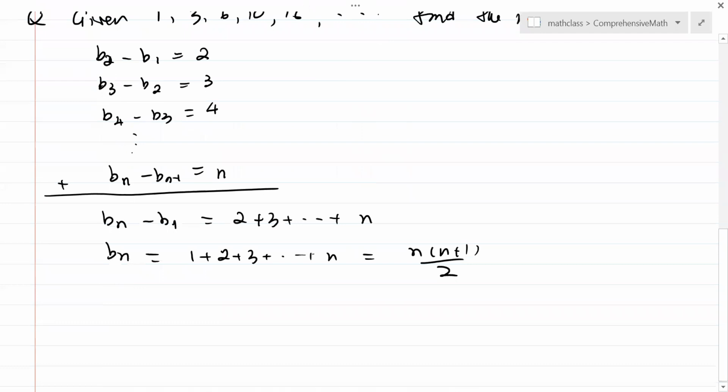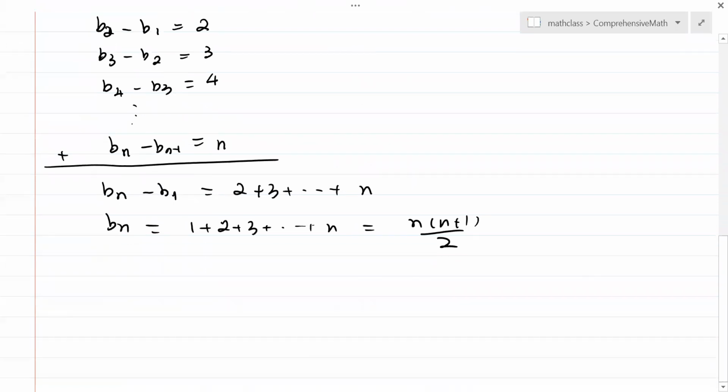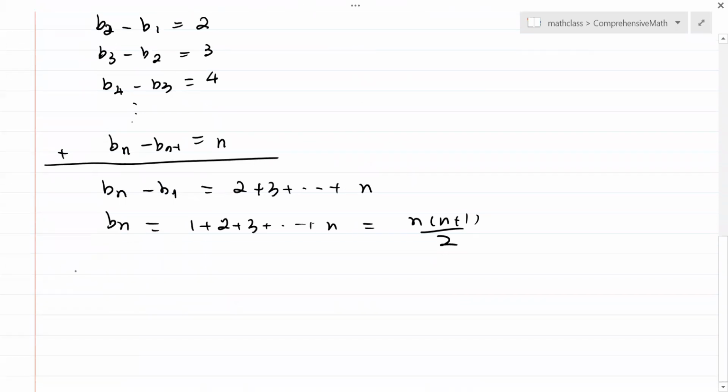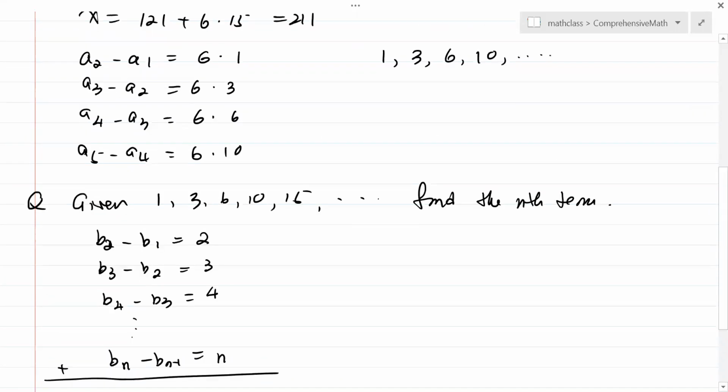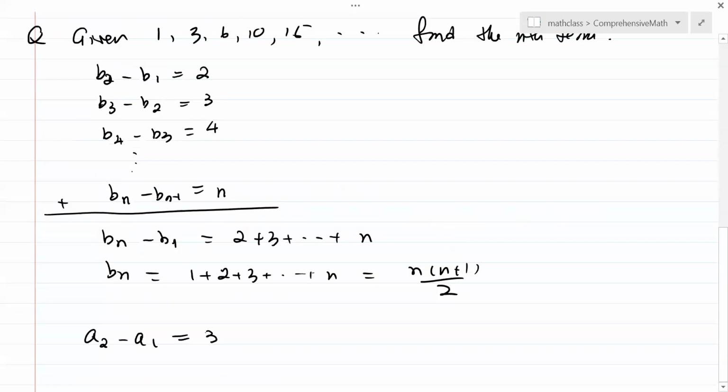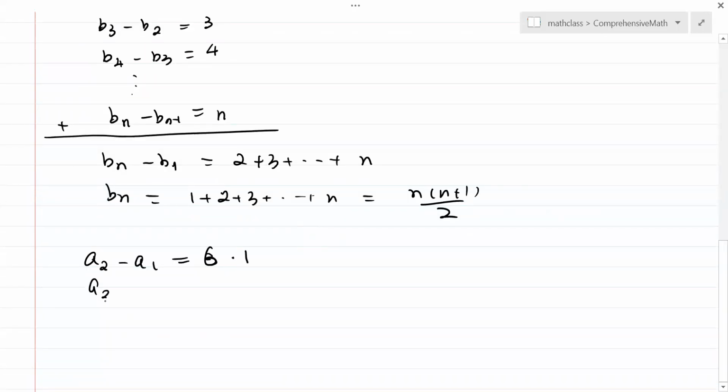So we go back to the above problem. We go back to the above problem, right? A2 minus A1 is going to be 6 times 1. A3 minus A2 is 6 times 3, right? A4 minus A3 is 6 times 6, and keep going.